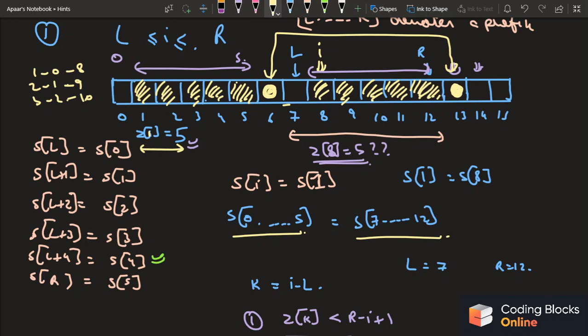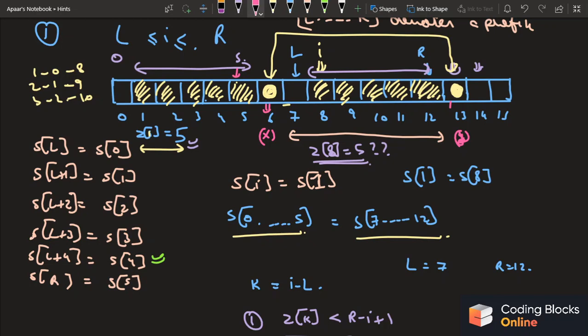I will say that yes, that zi value will be at least that much, right guys? It will be at least 5, but it can be more than 5, because let's say here we had a different character x and here we had a different character y, right? But this y actually matched with some of my characters over here, right?